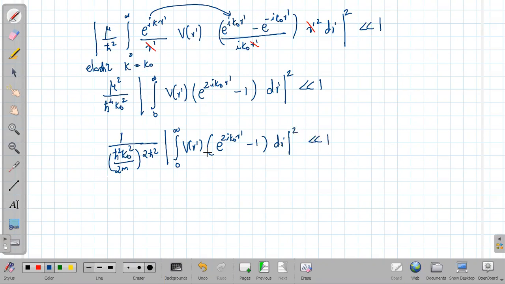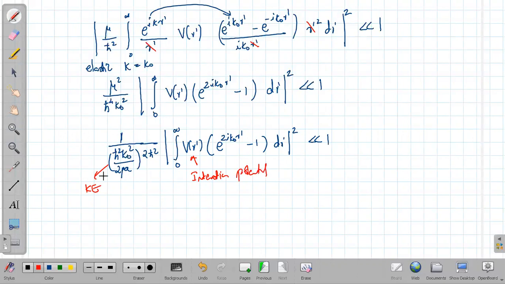Okay, now in order to satisfy this condition, the first thing is this denominator must be very large. Now if you look at this denominator, it's a small correction here. It's not m, it is mu. So this expression is compared with the kinetic energy, and this corresponds to the interaction potential energy.